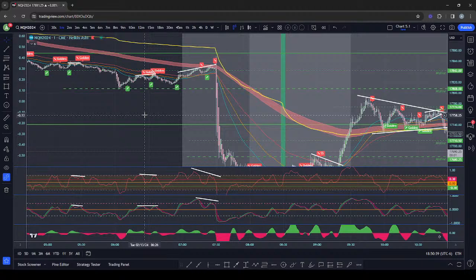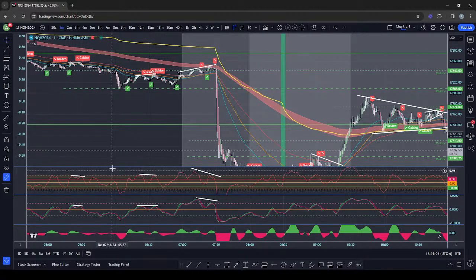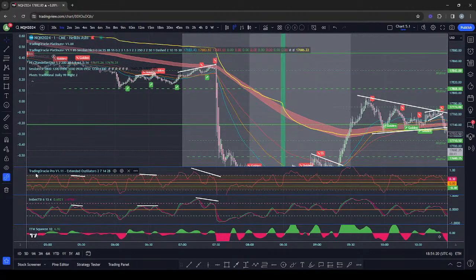And down below, I have some oscillators that help me with my divergences. These give me the extra confluence and the confidence to take some entries. This first one here is part of the Trading Oracle signal, the extended oscillator, so that's all preset.